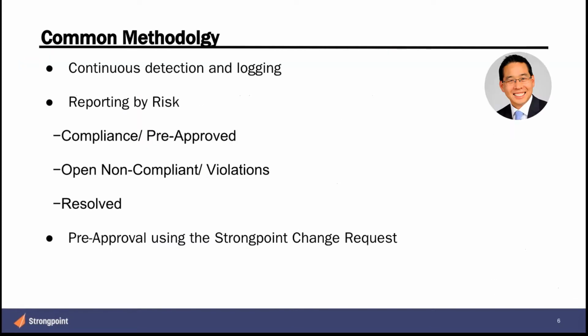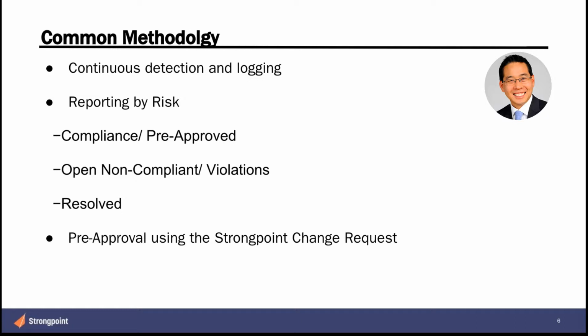One thing to note is that we use a common methodology across all of those rows. So there's continuous detection and logging. Whether it's an SoD violation or a financial controls violation or someone changing an object, these things are being tracked on an ongoing basis. And then we report those changes by risk, because you don't want to have one giant massive report with everything that's going on in the system.